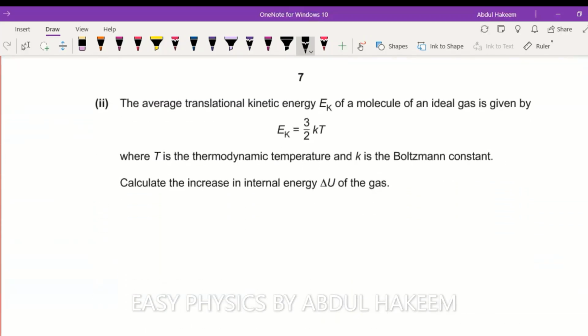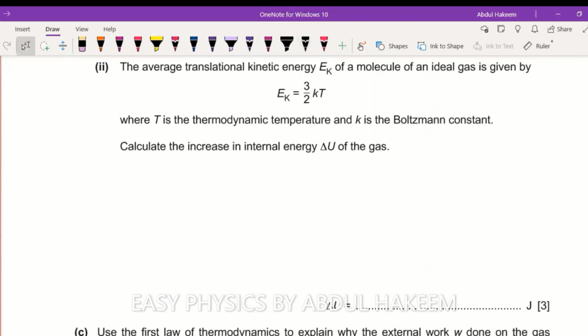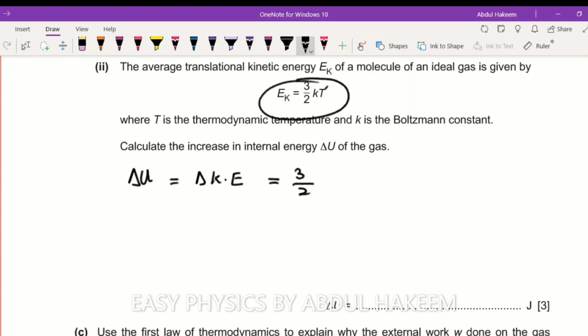Now the next, the average translational kinetic energy of a molecule of an ideal gas is given by the expression, where T is the thermodynamic temperature and k is the Boltzmann constant. Calculate the change in energy of this ideal gas. Look, the change in the energy for the ideal gas is equal to the change in kinetic energy. This is the kinetic energy of one molecule. So the total kinetic energy will be 3 by 2 NkT, and for the change we will use the change of temperature.